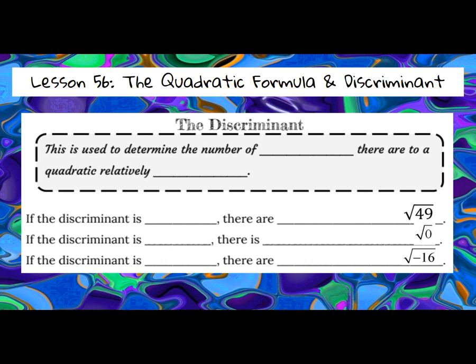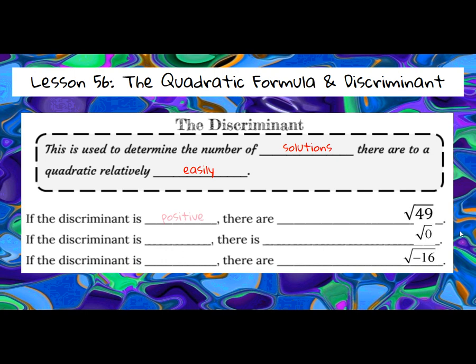I'm looking at this number, and because of this number, you have to have 1 zero, you have to have 2 zeros, you have to have no real solutions. So that number is going to help us discriminate and tell what type of quadratic it is and how many solutions it has. So this number is used to determine the number of solutions there are to a quadratic, relatively easy.